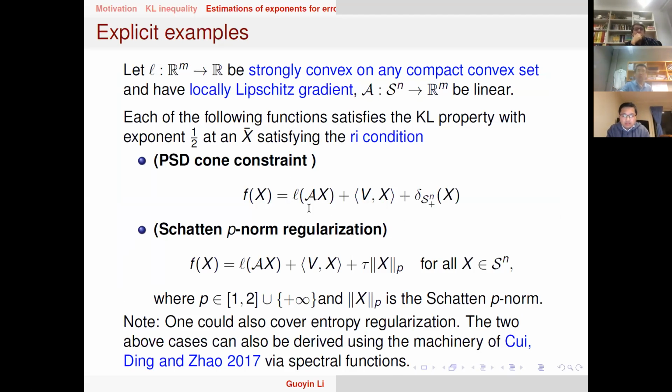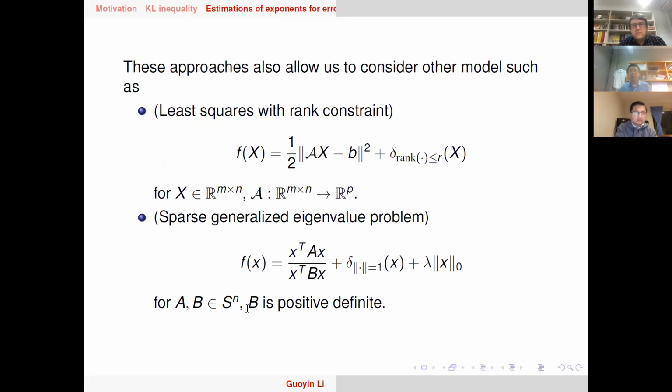Okay, you can also look at the Schatten p-norms in this case, whenever p belongs to these cases. Okay, you can also get this KL exponent, which is 1/2, right, as long as the relative interior condition is satisfied. Okay, all right. So let me also mention that this approach also allows us to consider other models. For example, you can also consider the rank constraint as well.